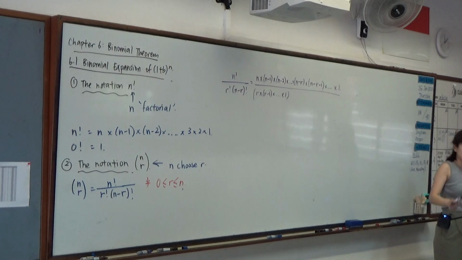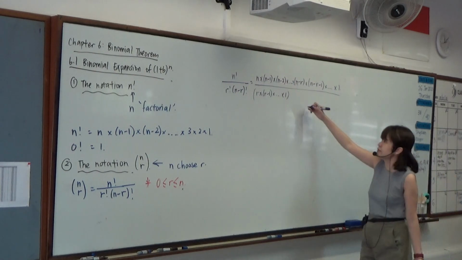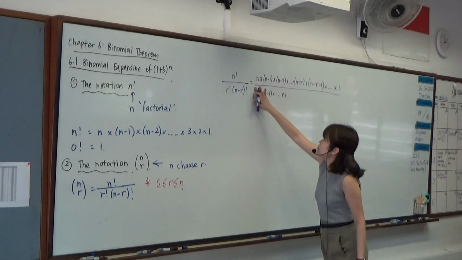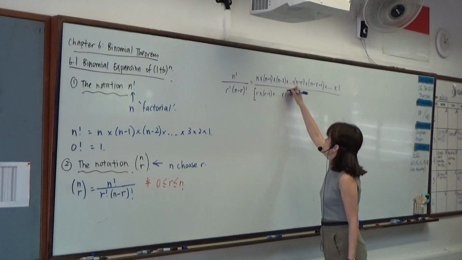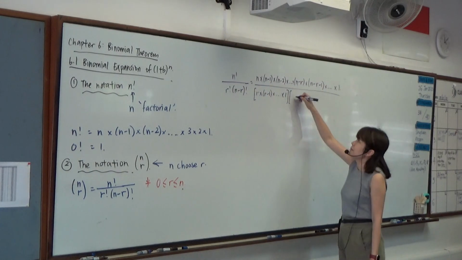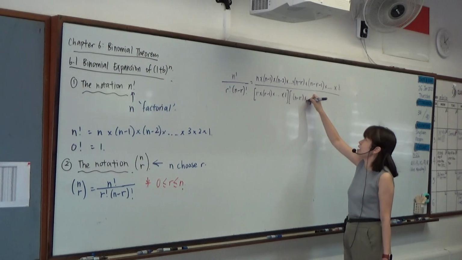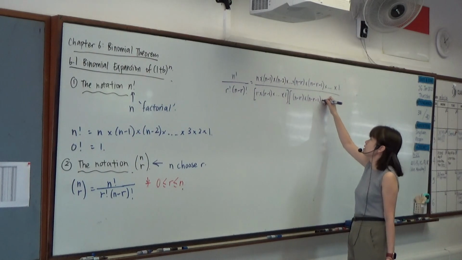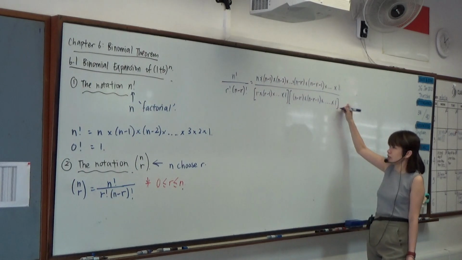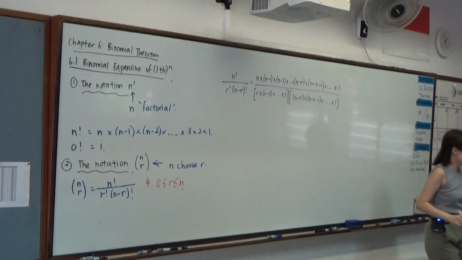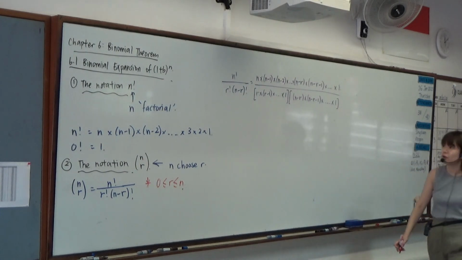Then after that, n minus r factorial, in proper brackets, will be n minus r times n minus r minus 1 all the way to 1. I hope you are able to follow.